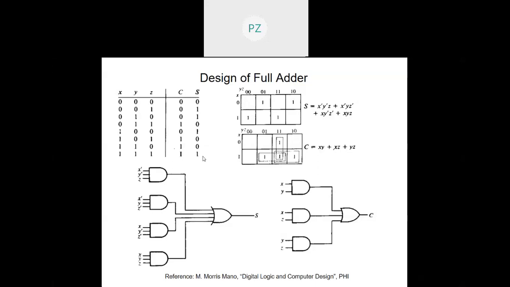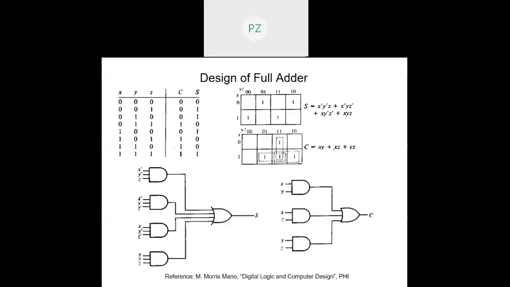Okay. One thing I suggest that you do yourself, check whether S is equivalent to X exclusive OR with Y exclusive OR with Z. Remember, in one of the previous slides I've shown that the exclusive OR function is associative, right? So you check for yourself that this should come out to be X exclusive OR with Y exclusive OR with Z, done either way.